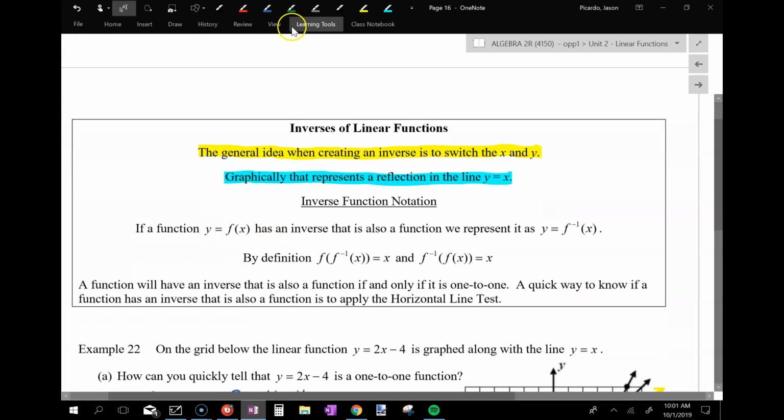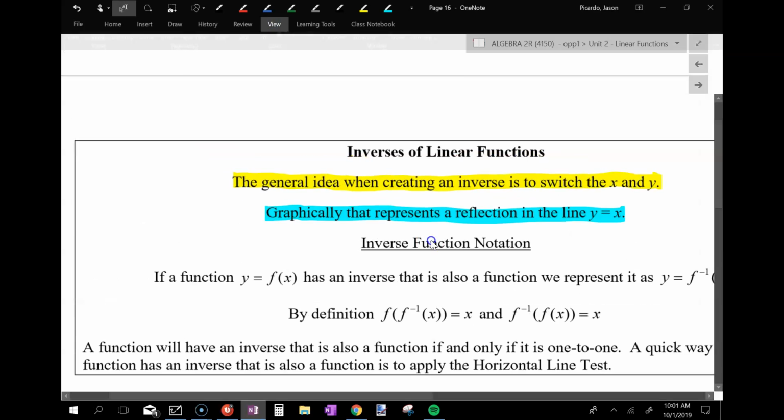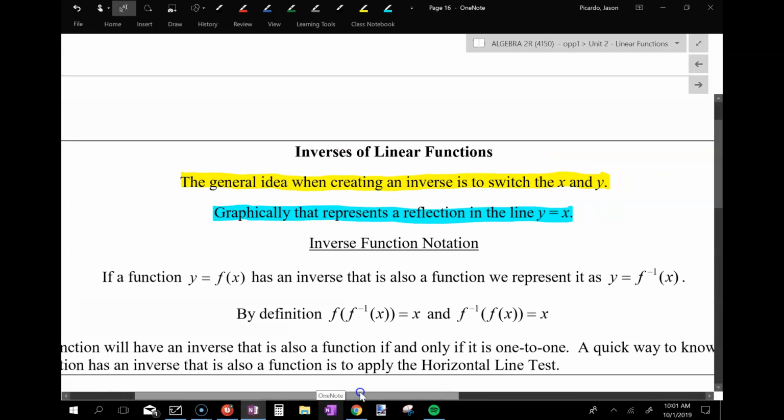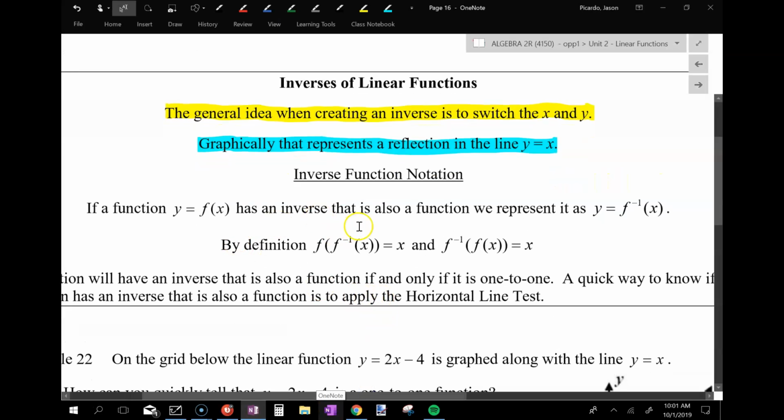This is like one of those little rules that shows up every once in a while, okay? If a function has an inverse, then its function can be represented by this. Okay, we talked about that. But down here it says that a function will have an inverse that is also a function if and only if it is 1 to 1.